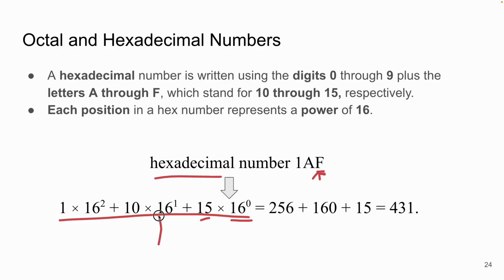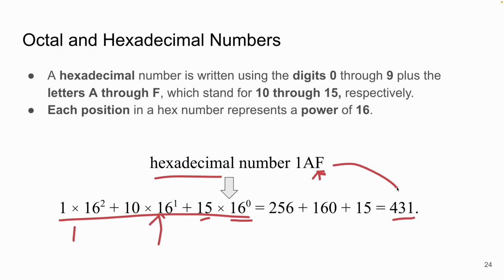And we apply the same calculation to the second and the third position, and we add all those values together, and the final result is the decimal number of this hexadecimal value. So this is how we can convert back and forth between decimal and hexadecimal.